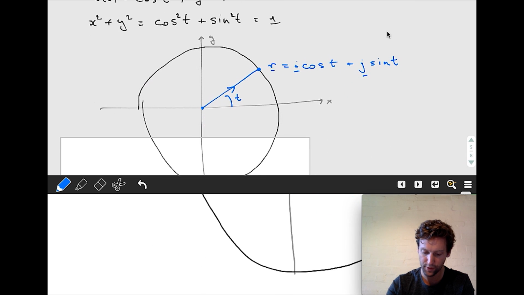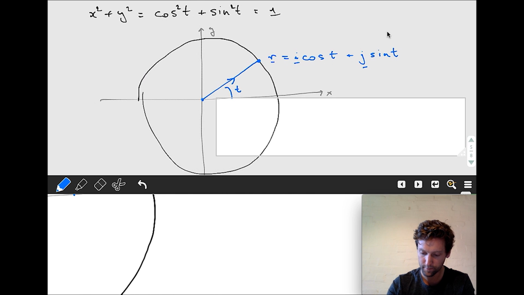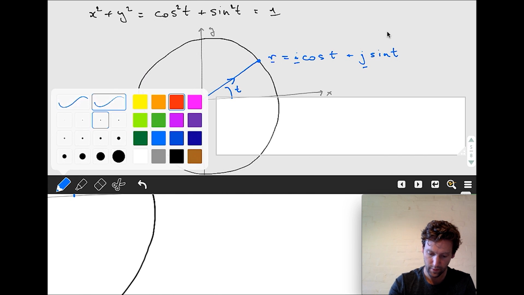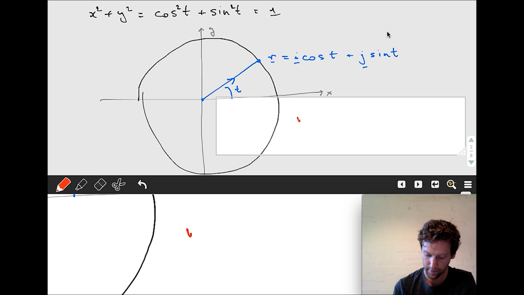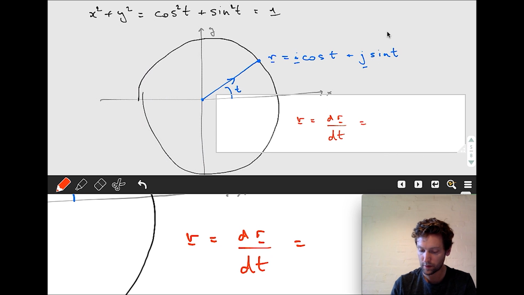That's the first derivative. So the velocity is the first derivative of the position. So I'm going to calculate the time derivatives of each component of my position vector. So the derivative of cosine of t is equal to minus sine of t.